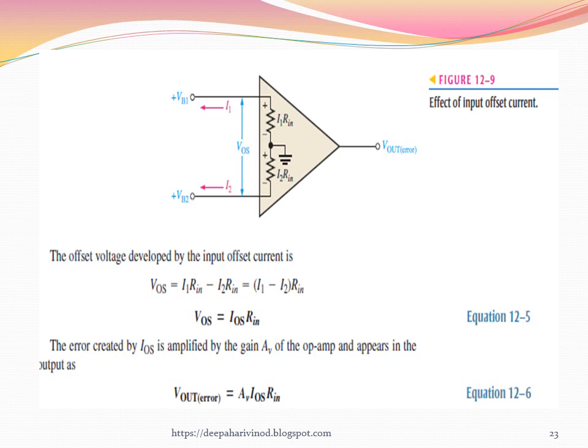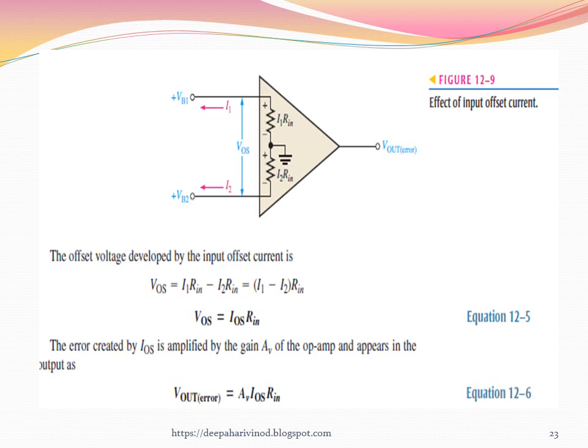The offset voltage developed by the input offset current is given by VOS. So I can say that I1 into Rn minus I2 into Rn, so I can write (I1 minus I2) into Rn.